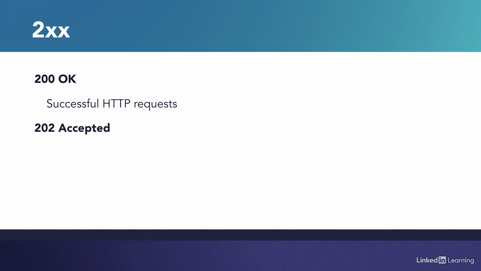They represent a valid client request and the server is able to serve the content. The 200 OK message is what we saw in the response example and is a standard response for successful HTTP requests. The 202 accepted means the request has been accepted, but the process has not been completed.